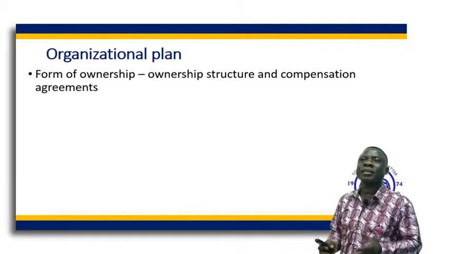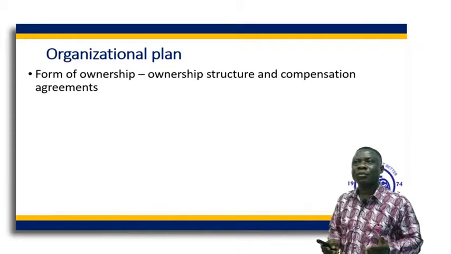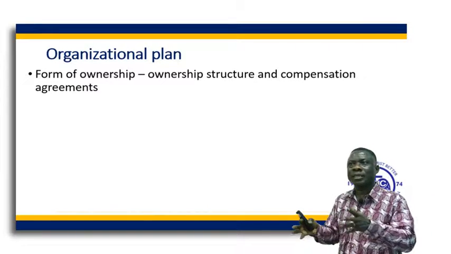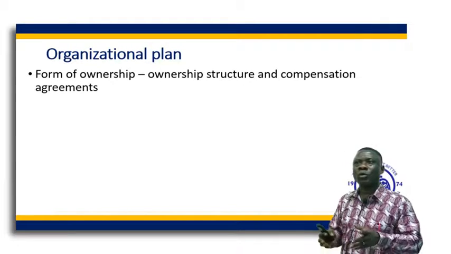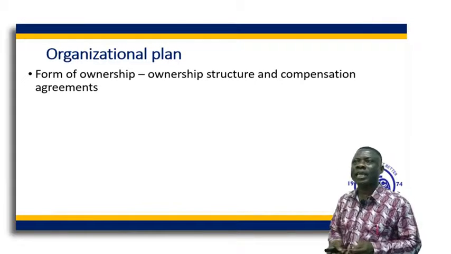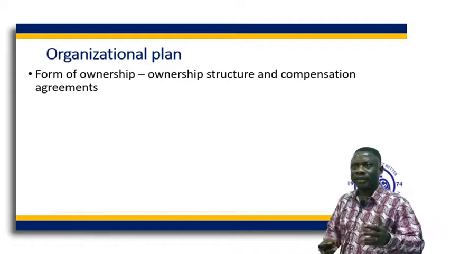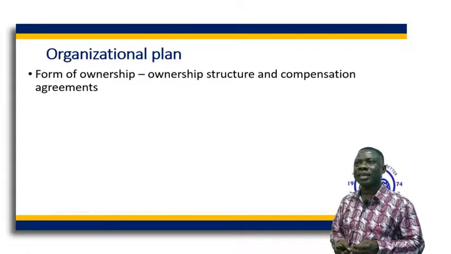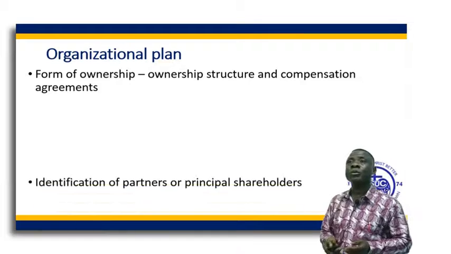So when you are exiting, how are you going to part with the working capital? So the ownership goes with its own challenges, and you should write all these down so that as and when you get there, you follow those details and then it works. So the ownership structure, the form of ownership, should be known.